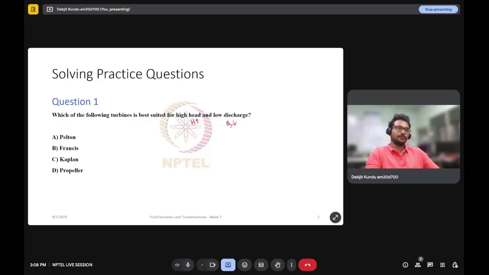Is it option A, Pelton turbine? Is it option B, a Francis turbine?